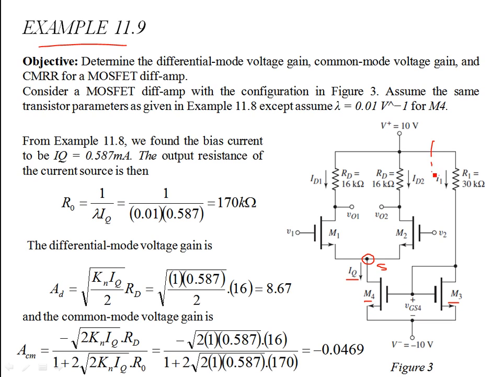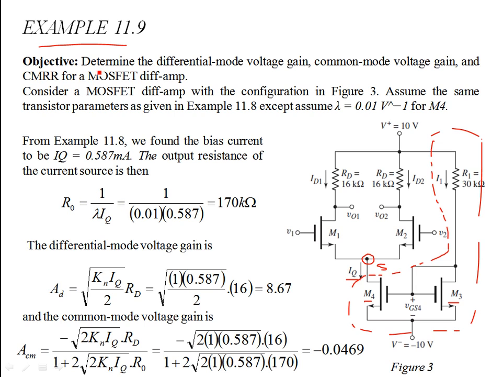In the last video I told you that this also acts as a current source. It's a current mirror circuit, which is responsible for biasing the transistors M1 and M2 without needing any biasing resistors. M3 and M4 drive both transistors M1 and M2 into saturation by providing the saturation current.